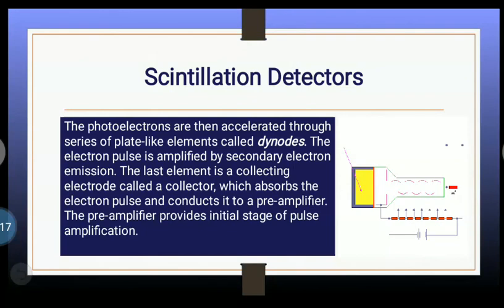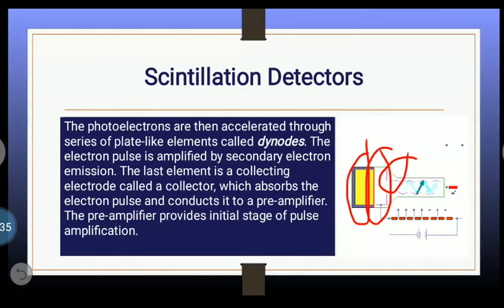Again, radiation becomes light. The light is focused on the window. After that, it will hit a portion called the photocathode. From light, it becomes an electron, and the electron will be emitted. From 1 electron, it passes to a dynode, then to another dynode. From 1 it becomes 2, from 2 it passes to another dynode and becomes 4, then 8, 16, 32, 64.